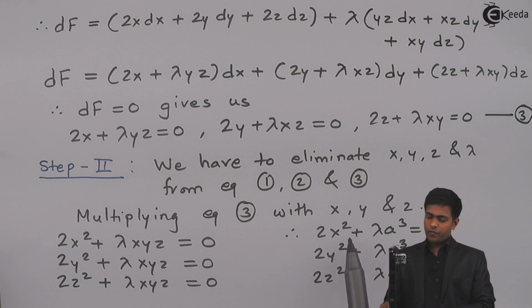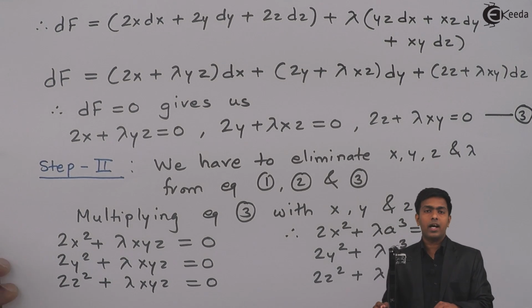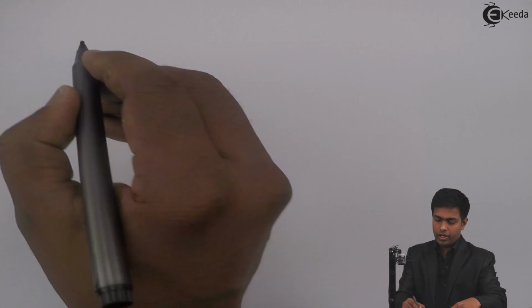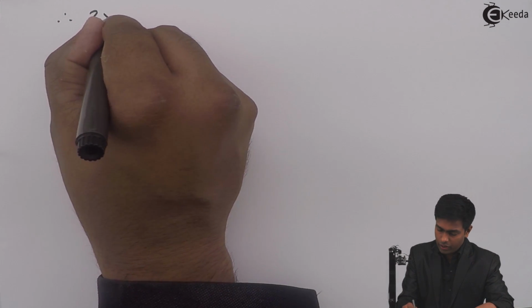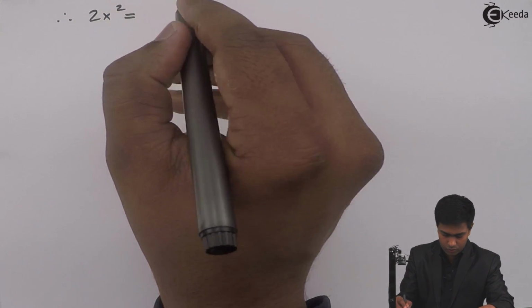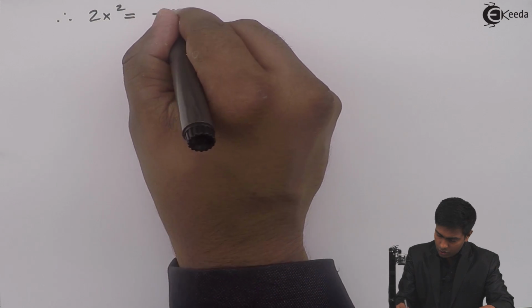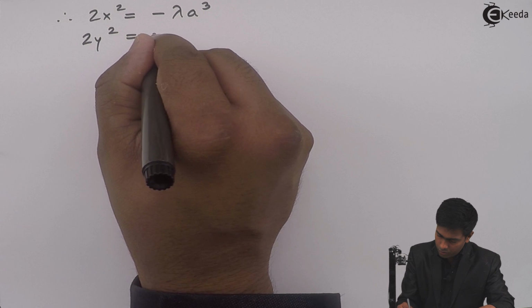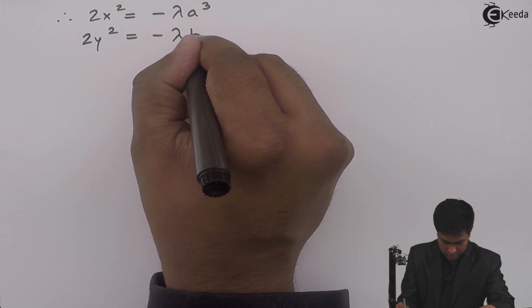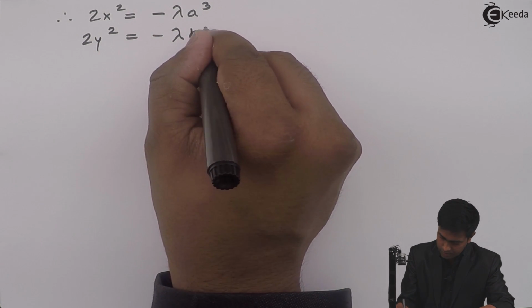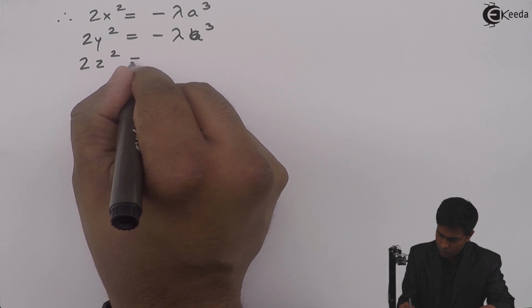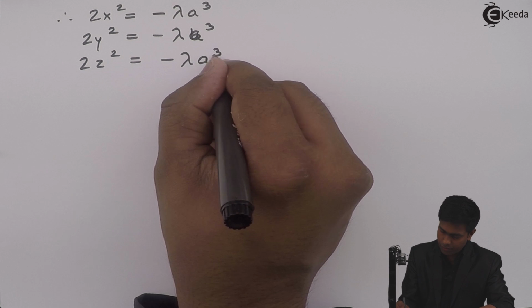So now from here we can get the value of 2x square as minus lambda a cube. Therefore 2x square is equal to minus lambda a cube, 2y square equal to minus lambda a cube, and 2z square is equal to minus lambda a cube.